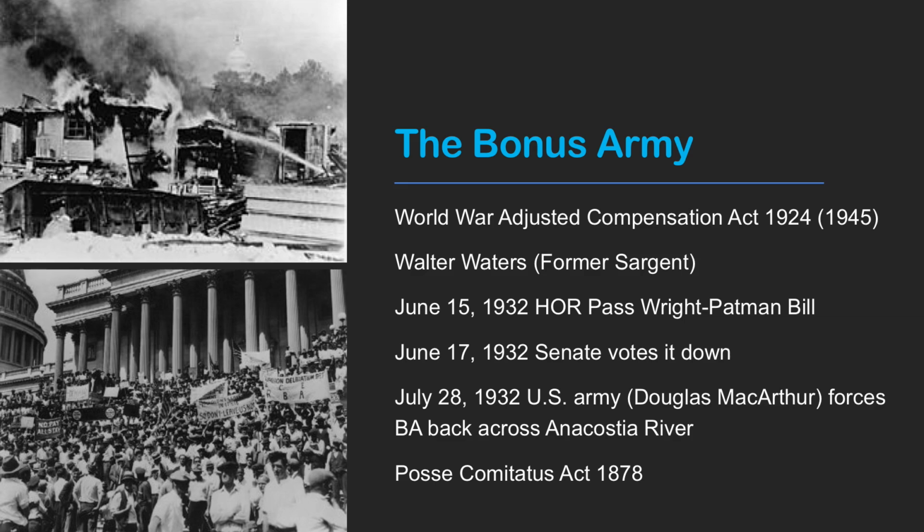What started as a few hundred grows to thousands. It's hard to give a true count of how many. Depending on who's writing about this, anywhere from 20,000 to upwards of 50 to 60,000 people descend upon Washington, D.C. Just across the Anacostia River, they build a massive shanty town of cardboard and plywood.